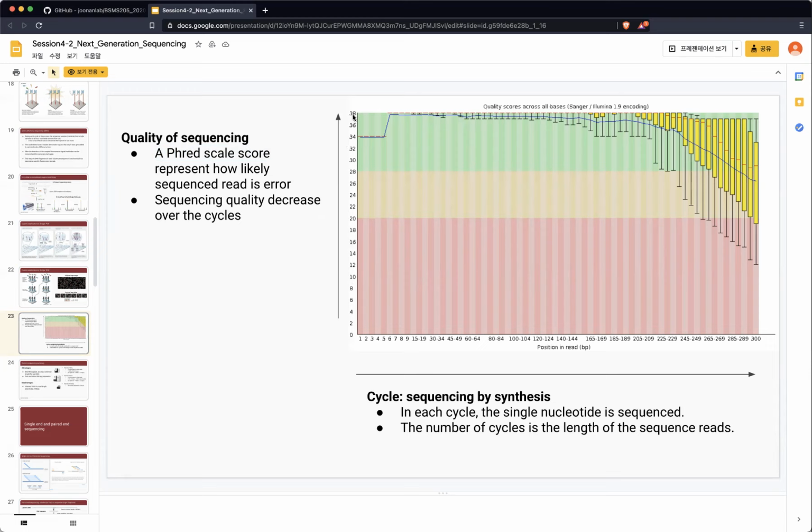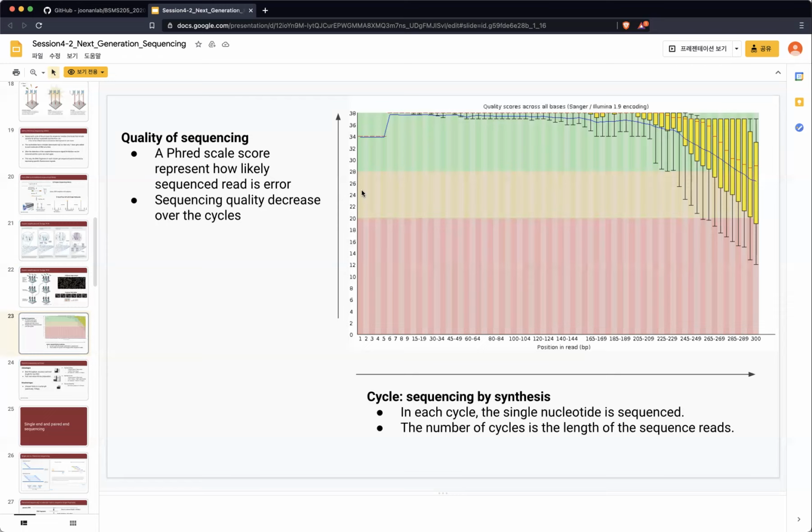So 40 means that this is minus log 10 value, so it has to be 10 to the minus 4. That means the probability of getting an error in your readout, in your sequencing, right? So the error rate is 10 to the minus 4. If you do it 10,000 times, it's 1 in 10,000. So 1 in 10,000, you will have an error in your sequencing.